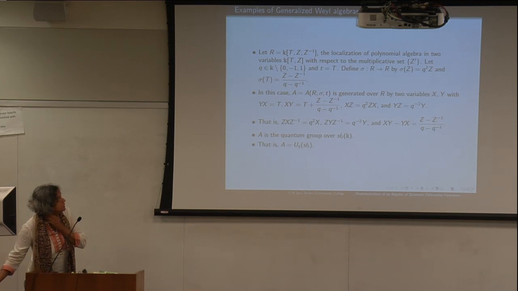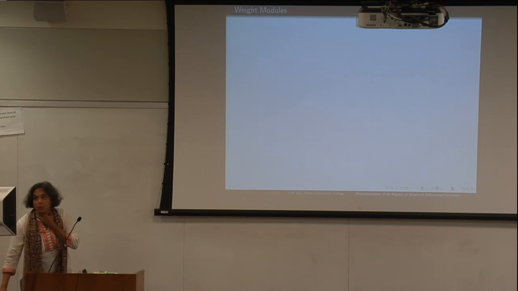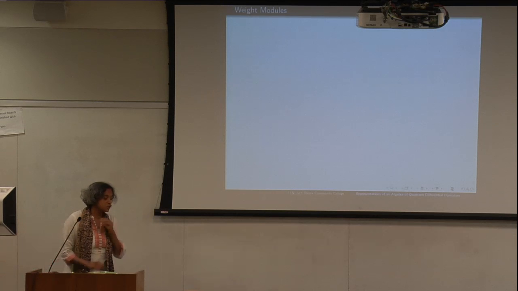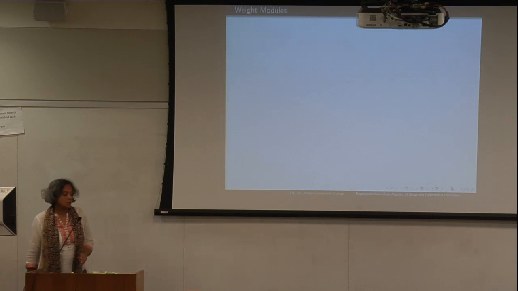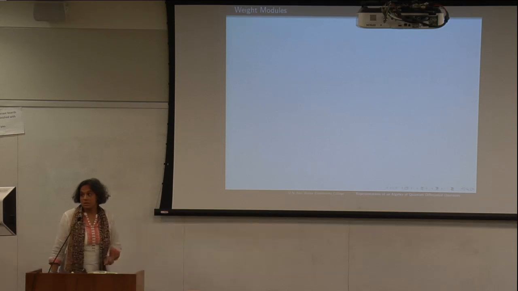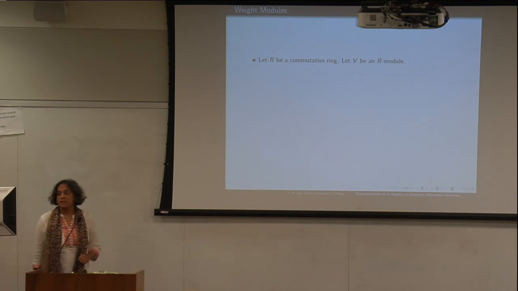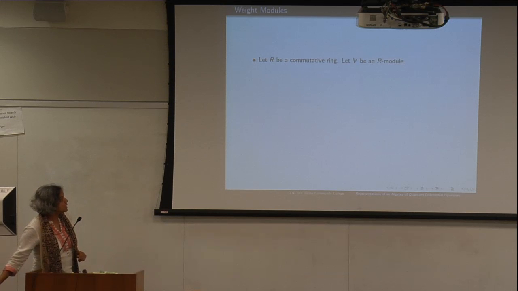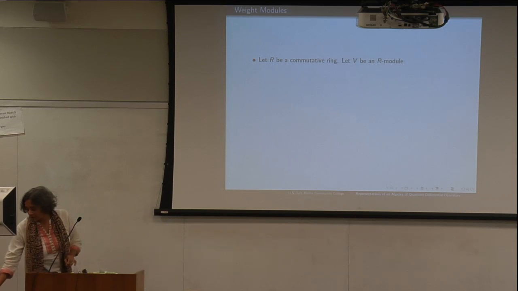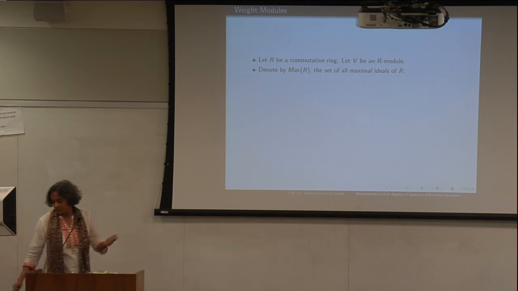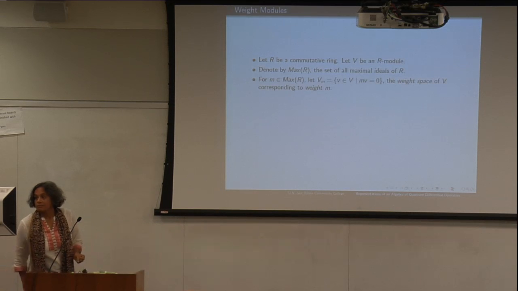So, weight modules. I'm looking for weight representations over an algebra of quantum differential operators. So let me first introduce weight modules. Start with a commutative ring R and let V be an R-module. Max R is the maximal spectrum.